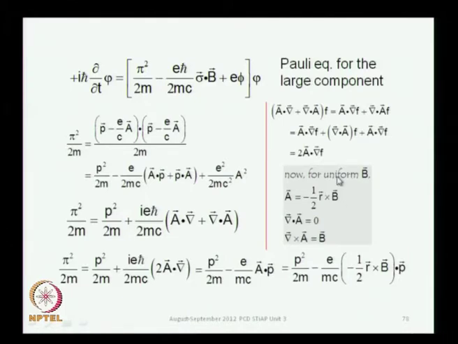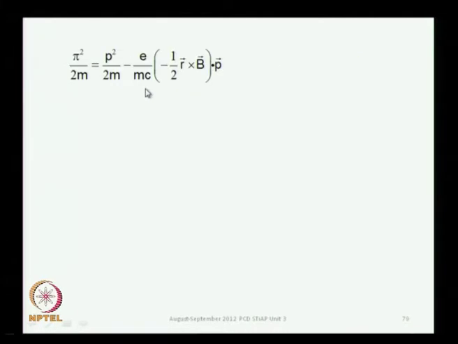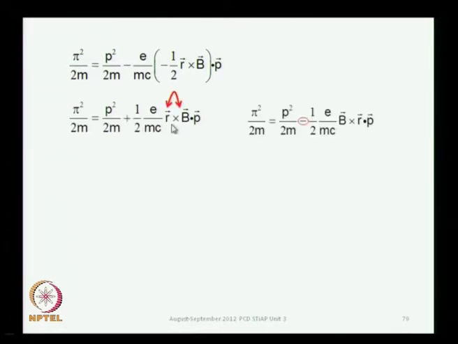So, this is rather straightforward electrodynamics. Now, let us put these two terms in place of pi square over 2m in the Pauli equation. So, these are the two terms which will take the place of pi square over 2m in the Pauli equation, but when we do that, you have got a minus sign here and a minus sign here. So, that gives you a plus sign, and then you have got r cross B, which you can write as B cross r with a minus sign.